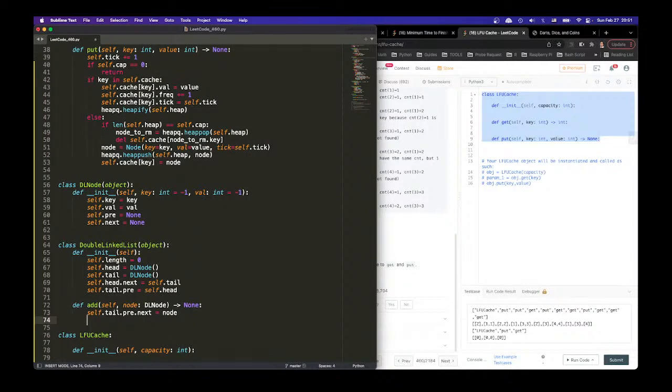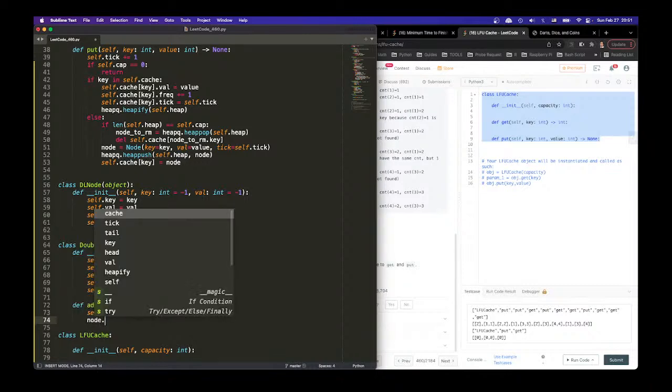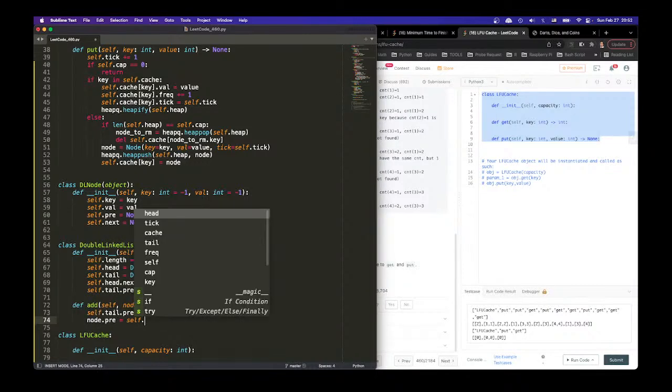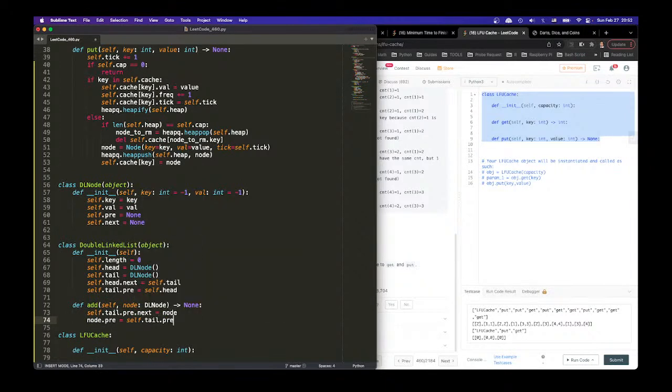And node.pre equals self.tail.pre. Okay, so we handle the pre. Now self.tail.pre equals node. All right, and node.next equals self.tail. We handle everything. Pre.next, right? Node.pre, node.next, and self.tail.pre. Yeah, that's it. That's add.